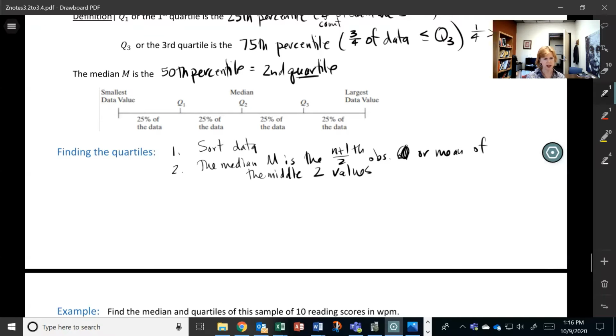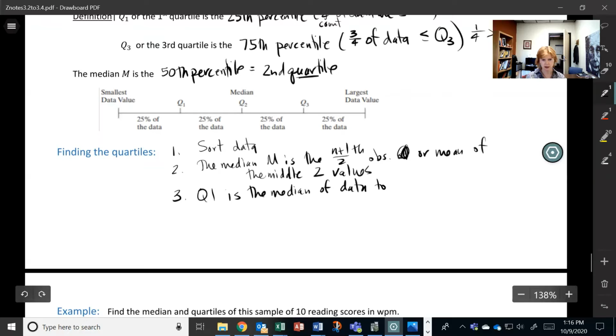And once you find the median, Q1 is the median of the data to the left of the median. And then Q3 is the median of the data to the right of the median I just calculated.